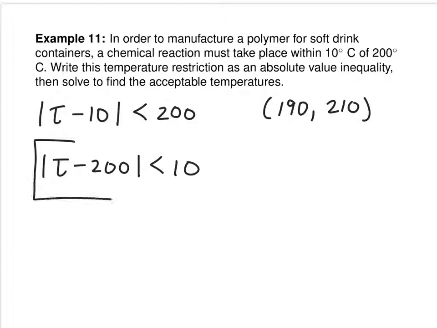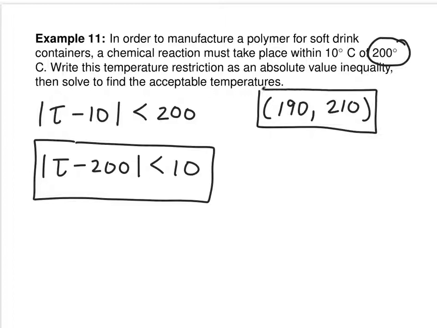I think it's the second one, right? Because your temperature and 200 differ by less than 10. So I am totally fine, because these are easy to figure out, if you are able to give the interval just by using your brain. Does that make sense? And then try to think, okay, what inequality did that come from?